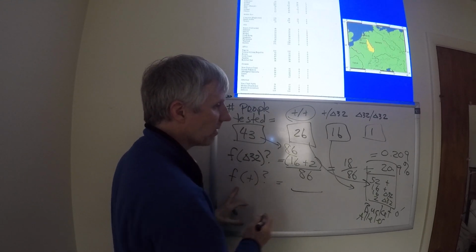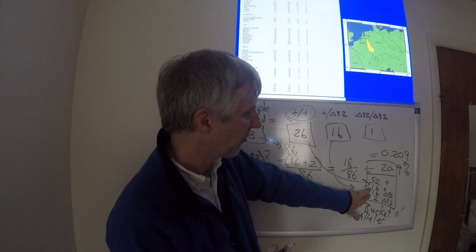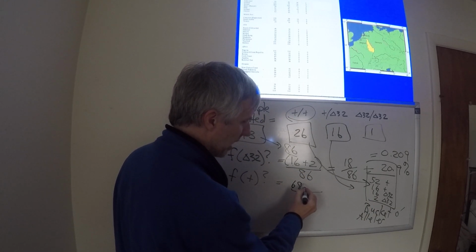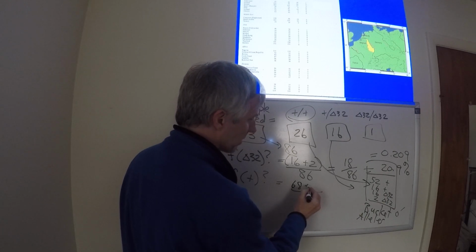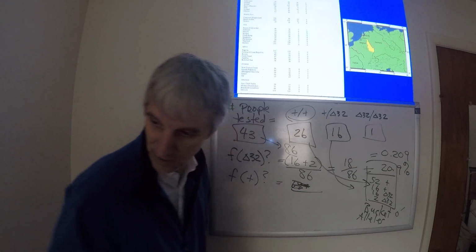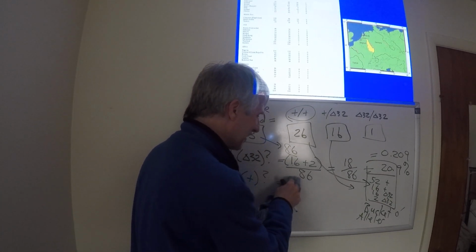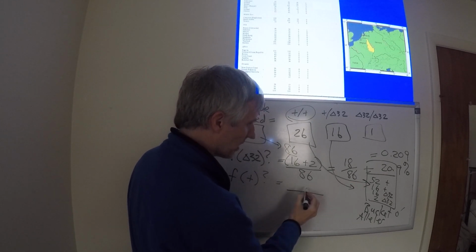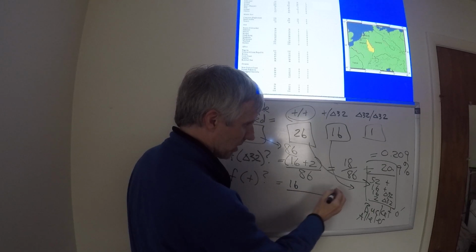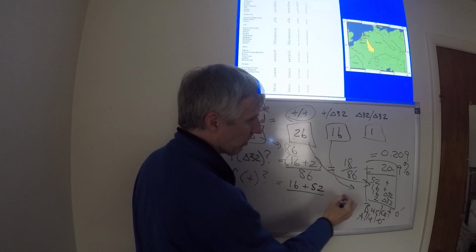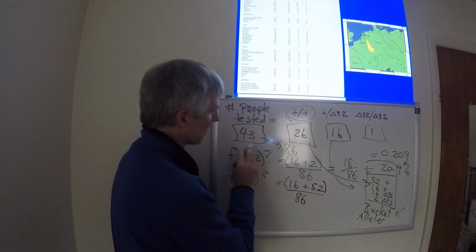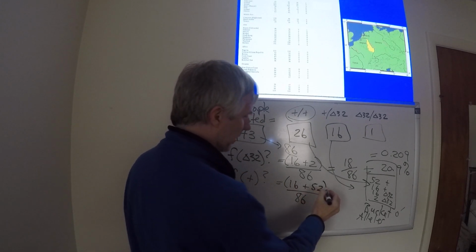Right? So the wild type here is going to be 52 plus 16 is 68 plus, no, that's all of them, right? Sorry, I need a bigger board. 16 plus 52, right, over 86 again, total number of alleles in the bucket.